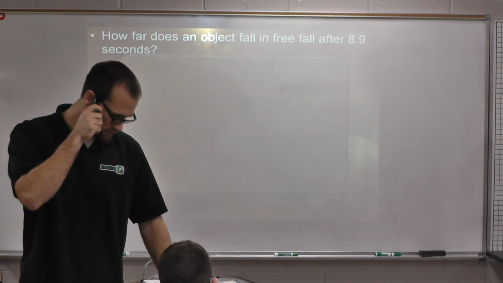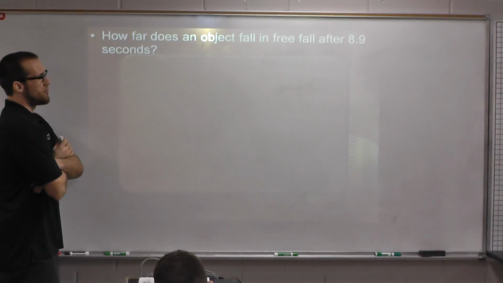Do you need to square the time? You're talking about when you square the time? Yep. So, just square that. Okay, so write this in. Write this in, and write the variables at least. You should be able to do that.